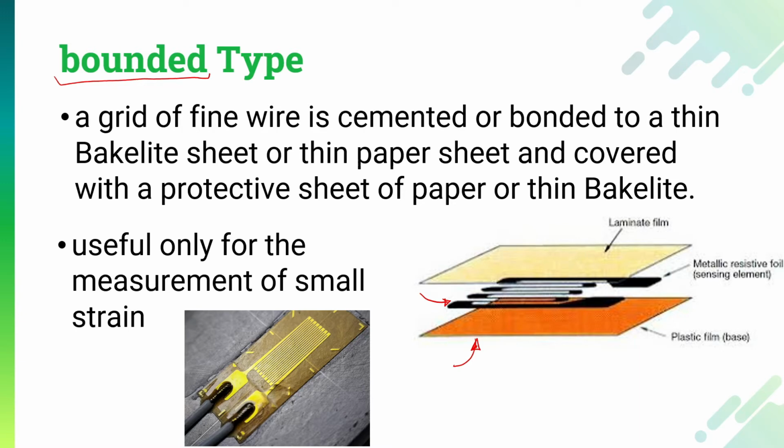This type of strain gauge is most commonly used nowadays. Bonded strain gauges are basically bonded with the plastic with the help of some cemented materials, and this is a material which allows the strain gauge to move around flexibly.